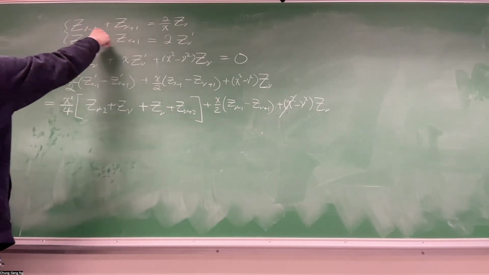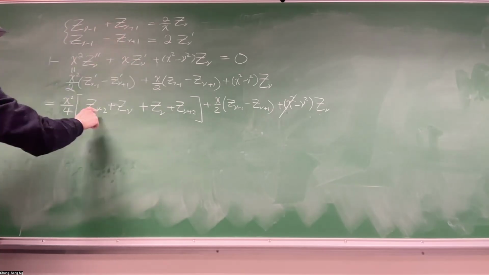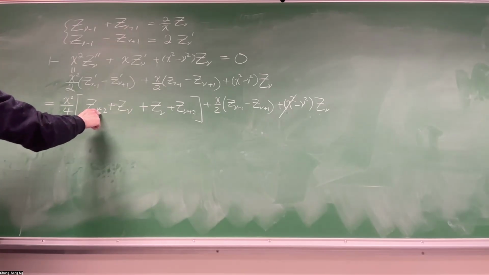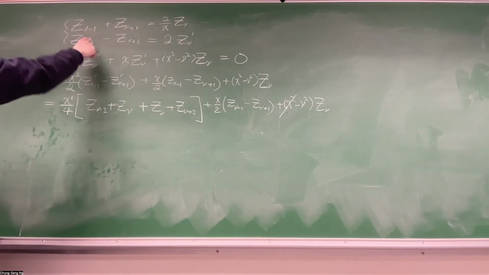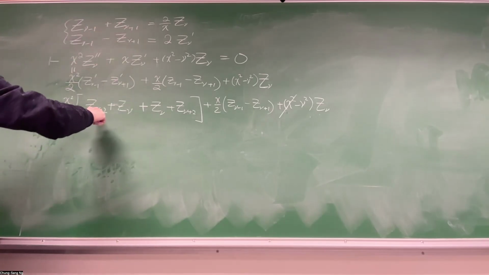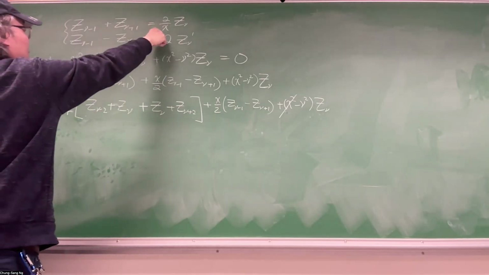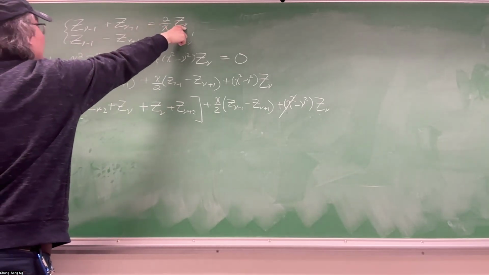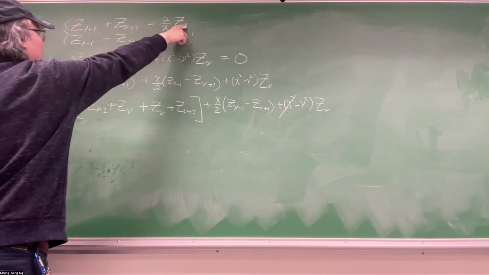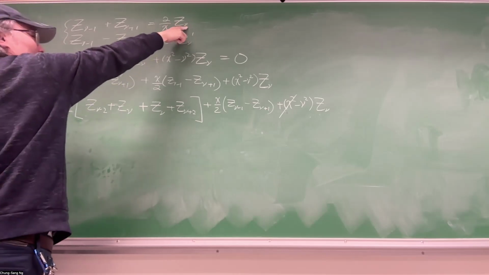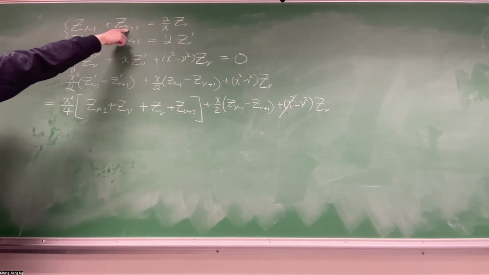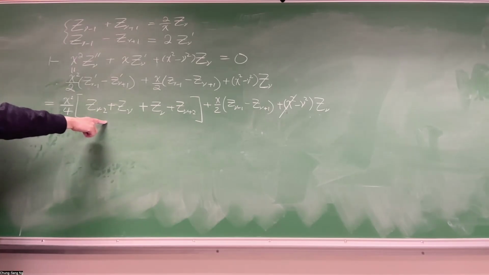But it's not the same: this is nu minus 1, nu plus 1, and this is nu minus 2, and then nu. But it's just like you shift it by 1. So if you apply the first relation, this should be 2 over x times z. This nu becomes nu minus 1, this becomes nu minus 2, this becomes nu, which is exactly this one, right?